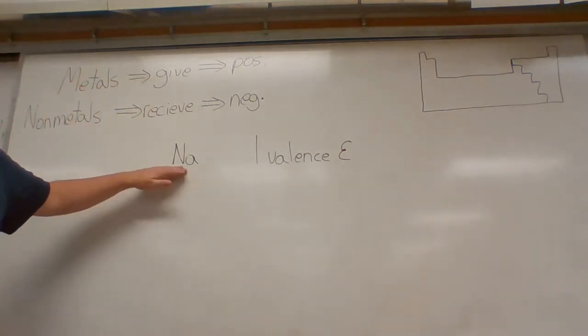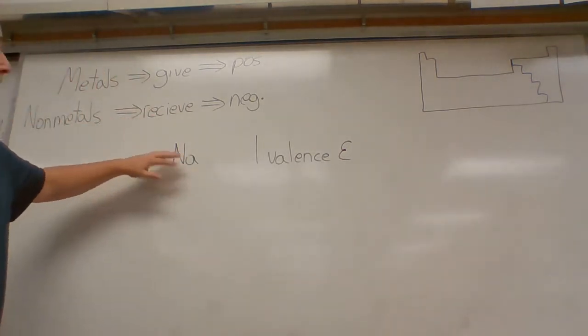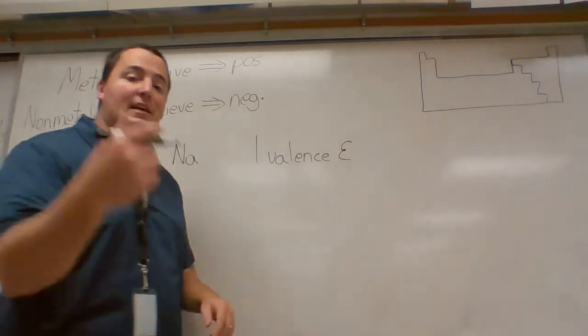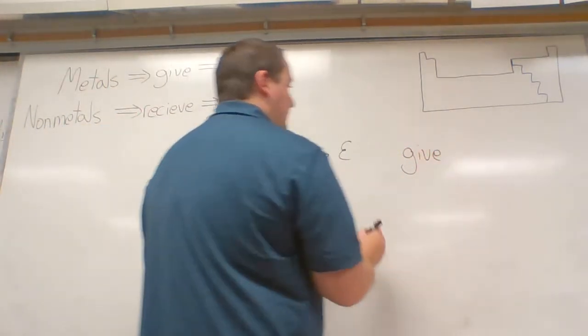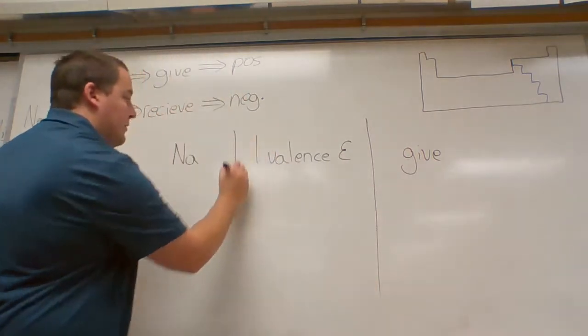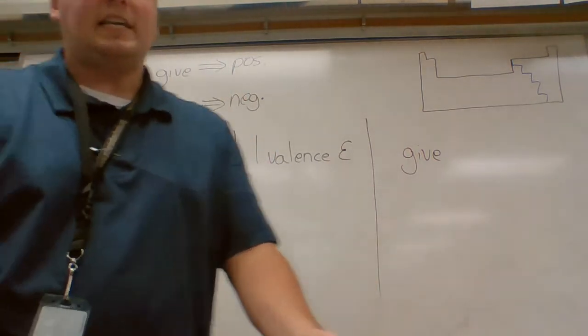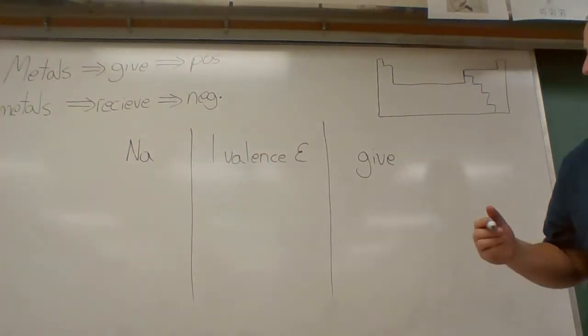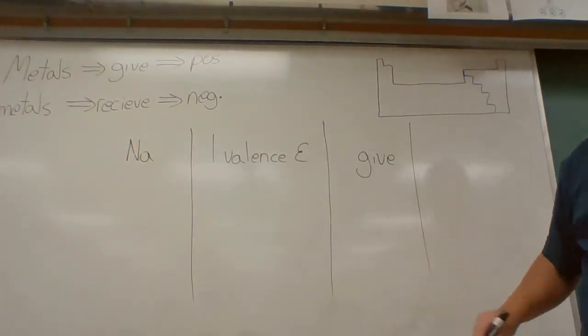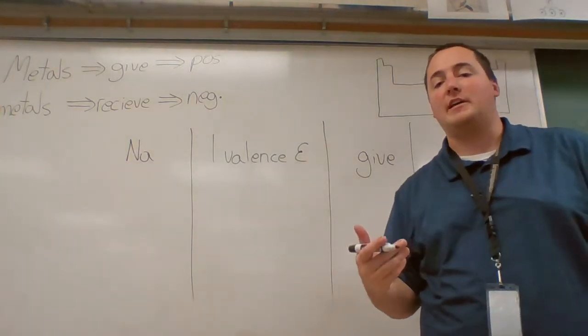Now, because sodium is on the left side, it's a metal. That means it's going to give away its valence electrons. When it gives away its valence electrons, it's going to become positively charged. And the charge it has is going to be based on how many it gives away.